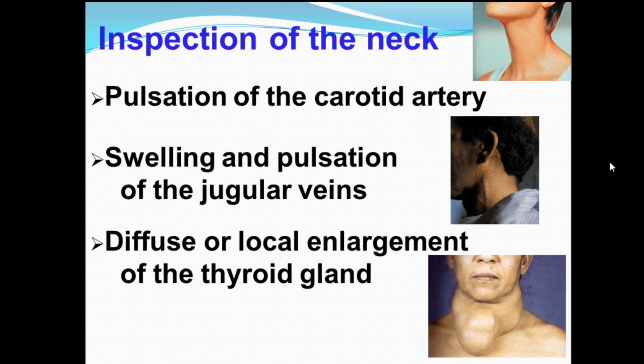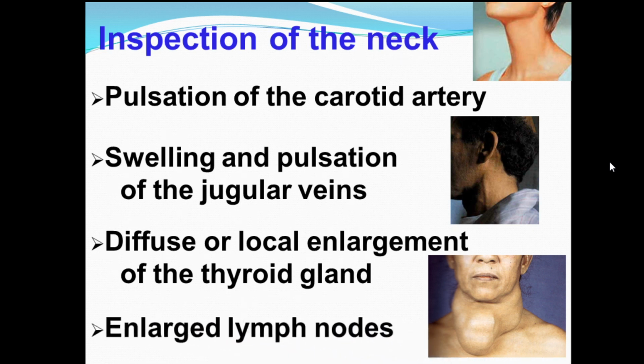We'll stop on full examination of vessels and thyroid gland when we talk about pathology of cardiovascular and endocrine organs. And sometimes we can see enlarged lymph nodes. I said your neck is very rich with lymph nodes, which are seen due to enlargement. Now you must remember, on neck inspection, we pay attention to superficial vessels, thyroid gland and peripheral lymph nodes.